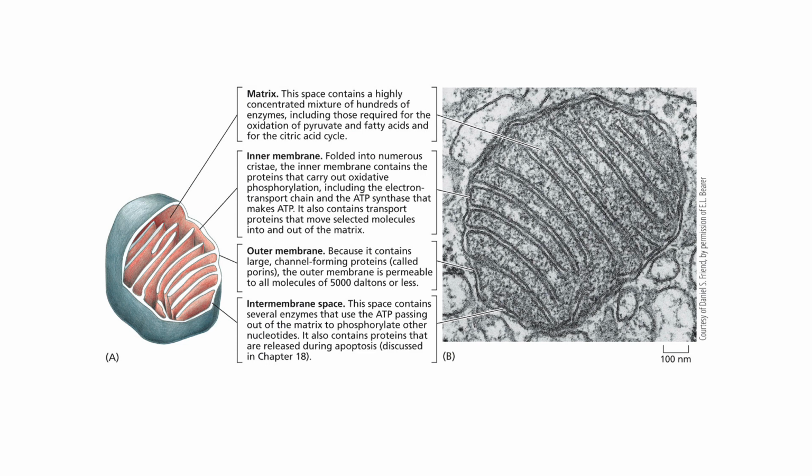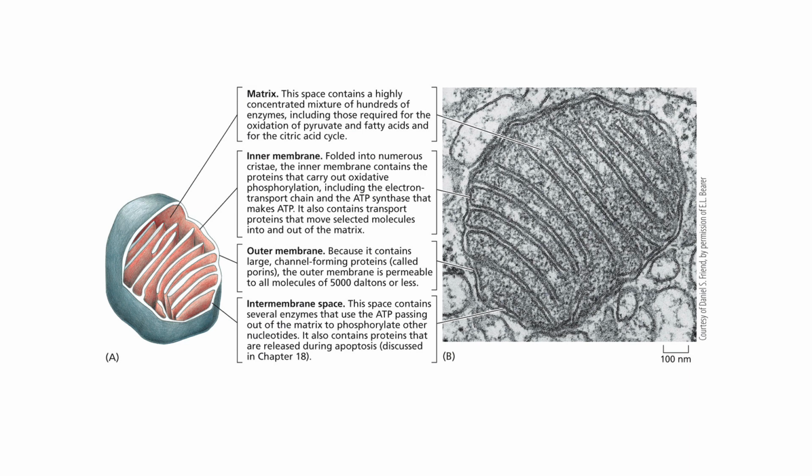There's a double membrane. There's an outer membrane. There is an inner membrane. The inner membrane is folded into what are called cristae, folded into numerous cristae. That's the inner membrane of the mitochondria. And the inner cristae is where the electron transport chains occur, where the pumps are and where the ATP synthase is.